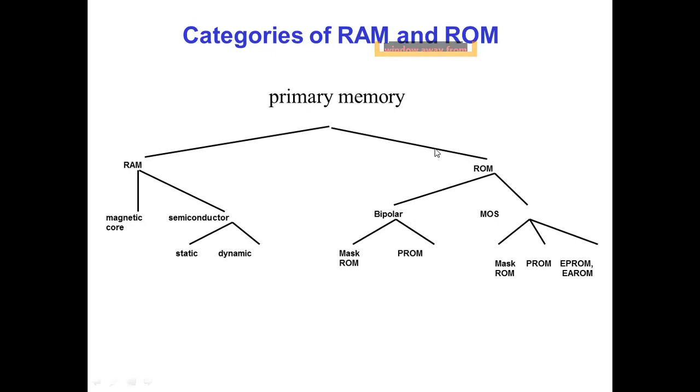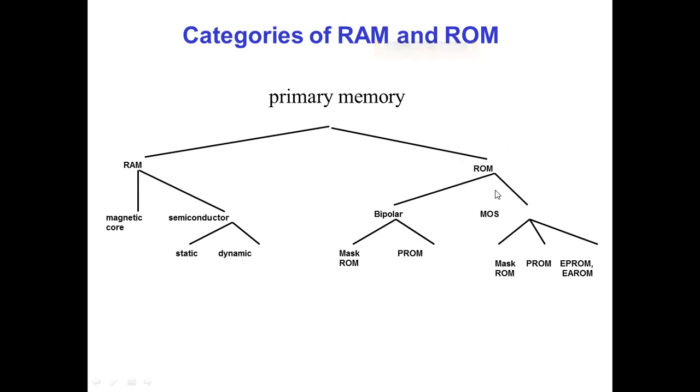But in case of the ROM, even though it is primary memory and comes under this category, the storage is permanent. The category of the ROM is primary memory, not secondary memory. Now you can understand the difference between these two. This is called volatile memory, as you are already aware, and this is non-volatile, meaning it is fixed.